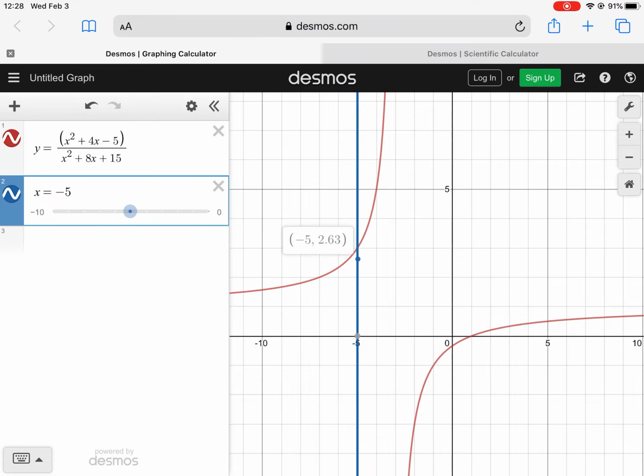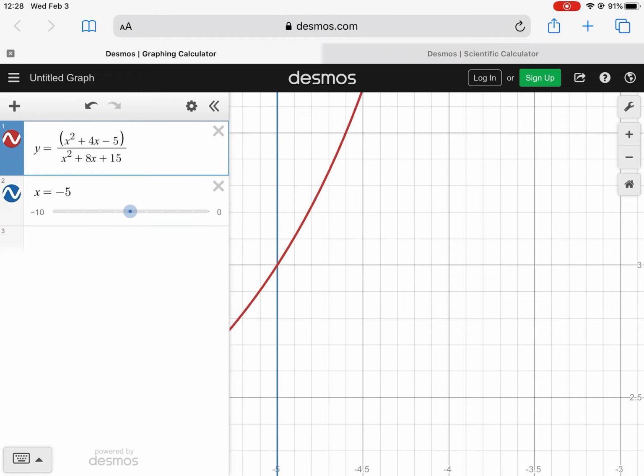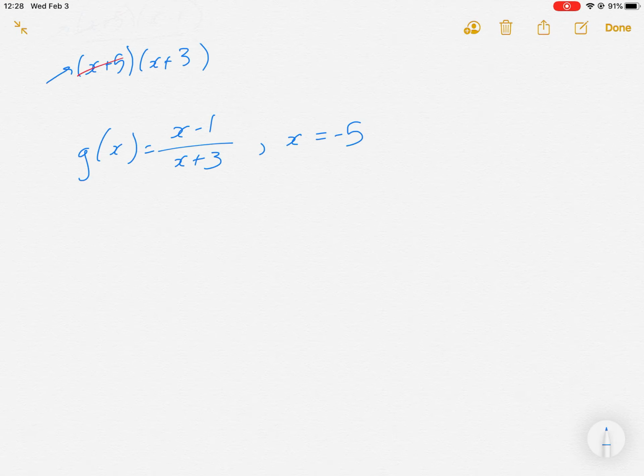Notice that there's no intersection point there, even though it looks really close, like it should intersect. It actually doesn't, because the red graph, g of x, does not exist at x equals negative 5. It's like I took a tiny little pin and poked a hole in the graph right there. And that's why we sometimes call these holes as well.